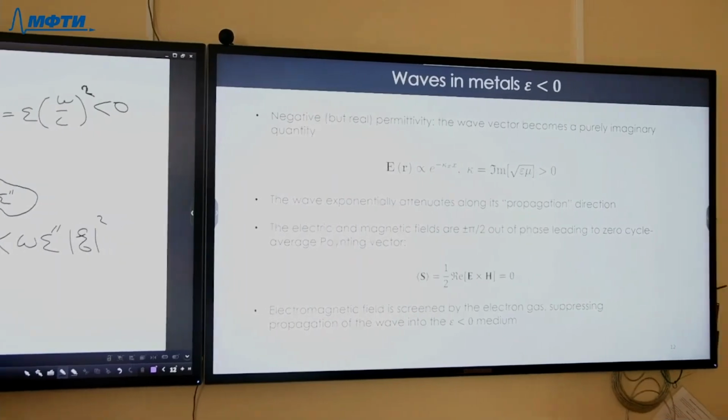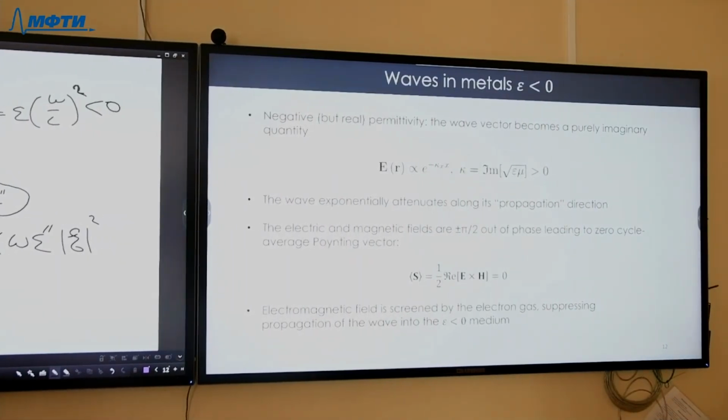So the microscopic mechanism why there is no energy transfer and why there is basically no energy propagation inside a negative permittivity medium is because the electromagnetic field, when it is imposed on the surface of a negative permittivity medium, is screened by the electron gas, because there are tiny electrons bouncing back and forth in your medium, and the electrons respond in such a way that they suppress propagation.